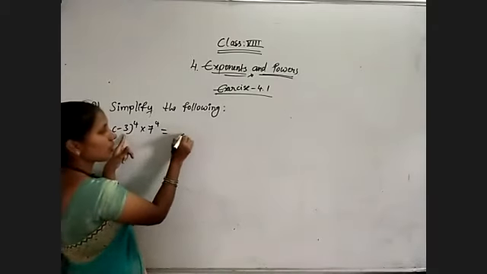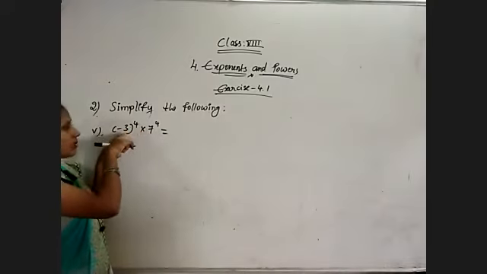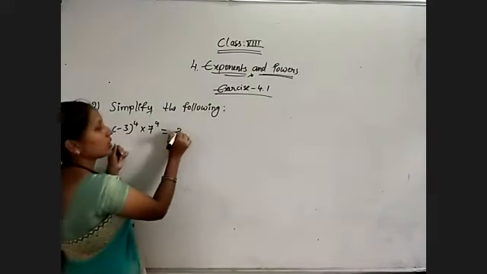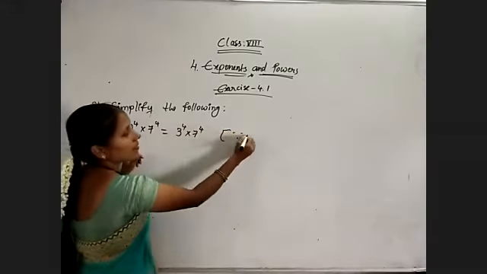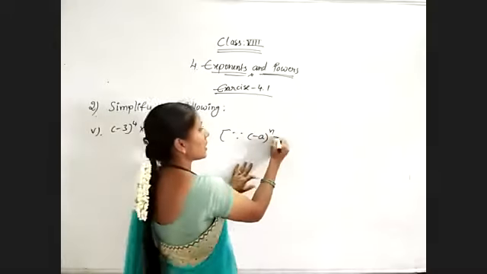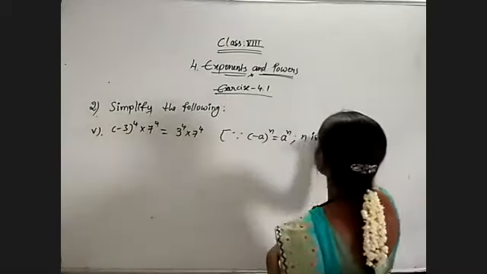Minus 3 to the power of 4 means the base is negative and the power is positive. Is 4 an even number or an odd number? Even. Since we have a negative base and the power is even, (minus a) to the power of n is a to the power of n when n is even.